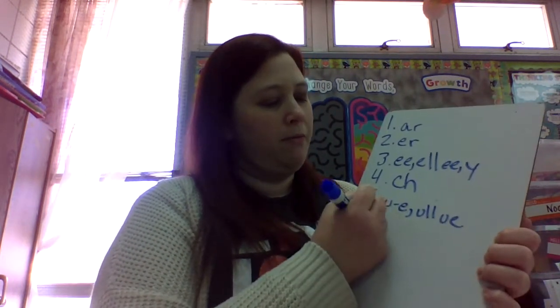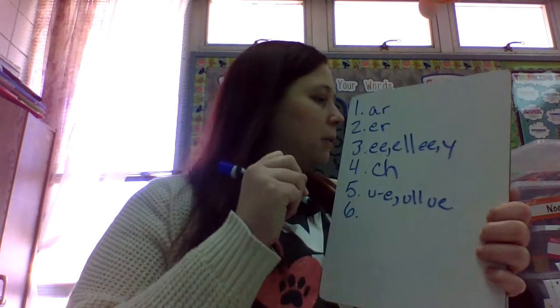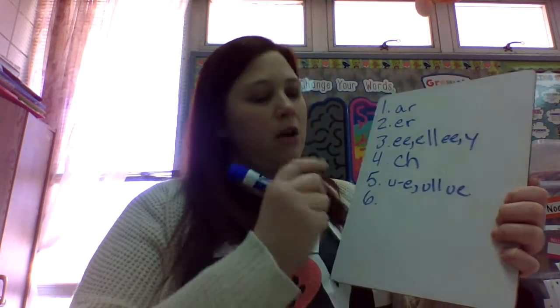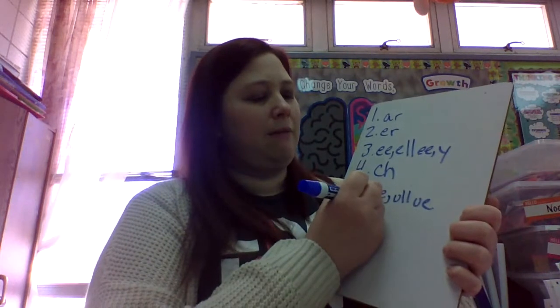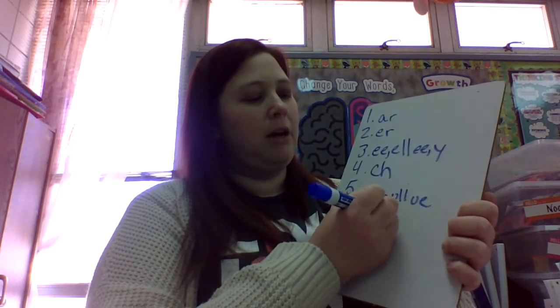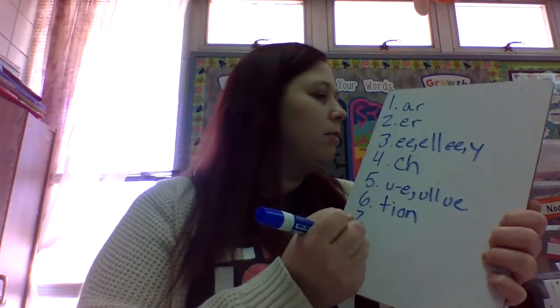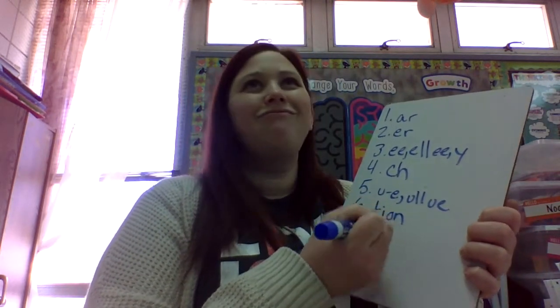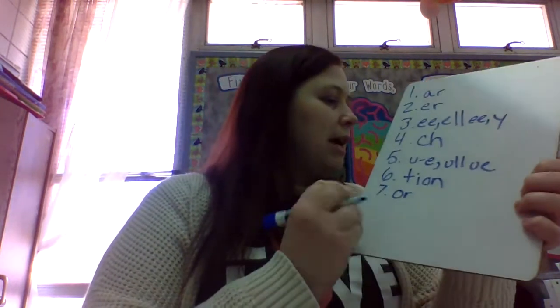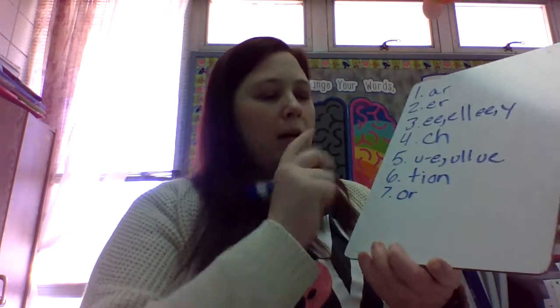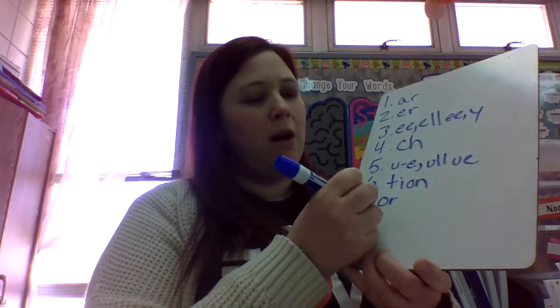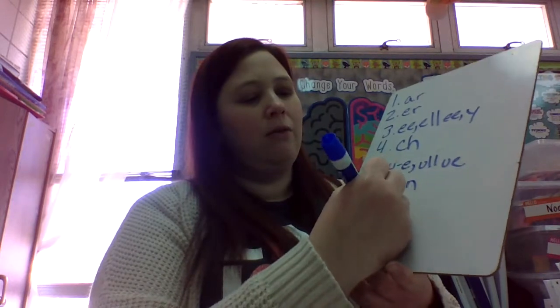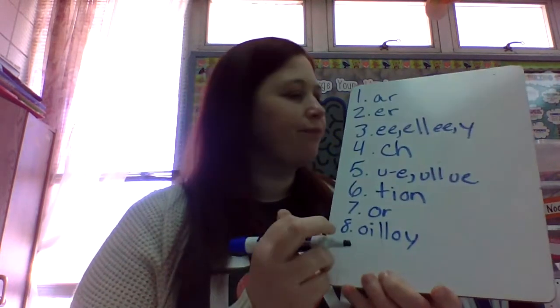we just learned about, remember? Number 6, we have shun. Remember shun, how we make that final stable syllable? T-I-O-N. Number 7 is or, O-R. Number 8 is oi. We make that as O-I or as a final sound, O-Y.